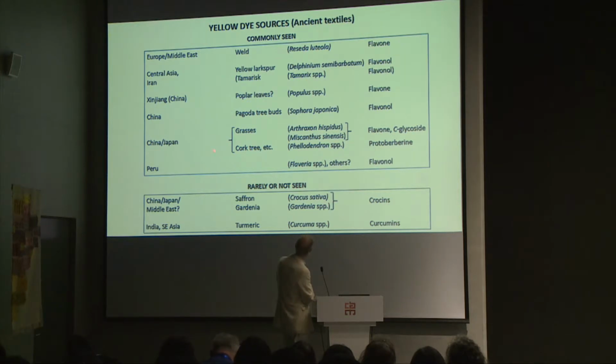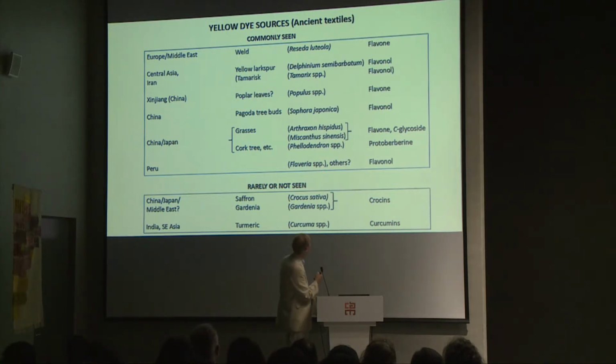And then in China and Japan, at least in ancient times, they used some grasses, arthraxin, and these are flavone dyes. And finally in Peru, we don't know so much about that. There hasn't been much published.